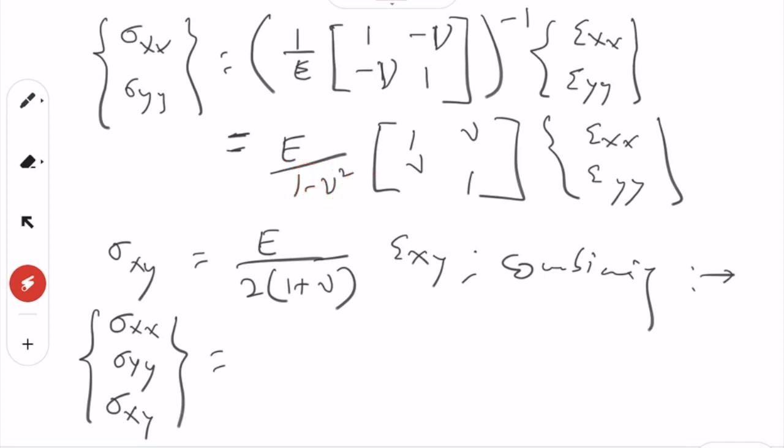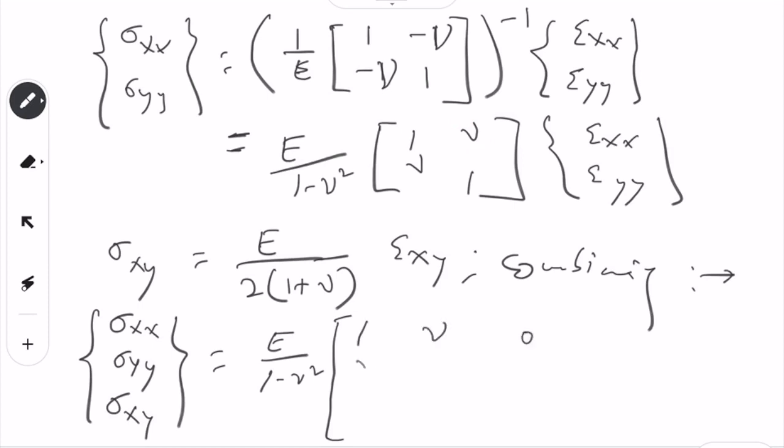So we can write E over 1 minus nu squared as a common thing, and then we have nothing but 1 nu 0, nu 1 0, right.